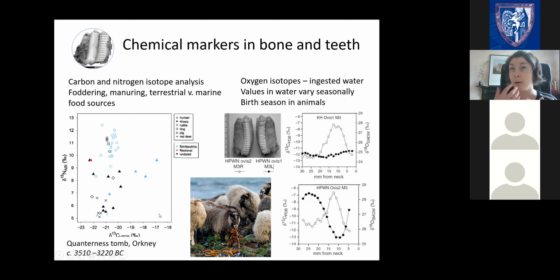So you can start to pick apart not just human diet, but the diet of animals as well. So were people foddering using marine resources like seaweed? That is something we know is very well established in places like Orkney. So we're exploring those sorts of practices in Ireland as well, the extent of those practices.